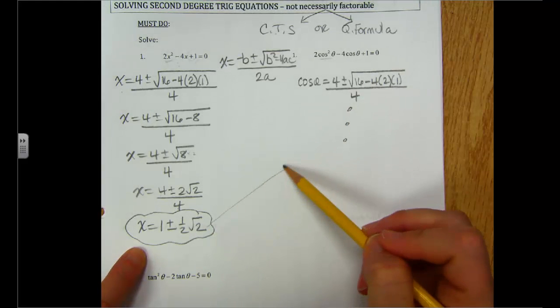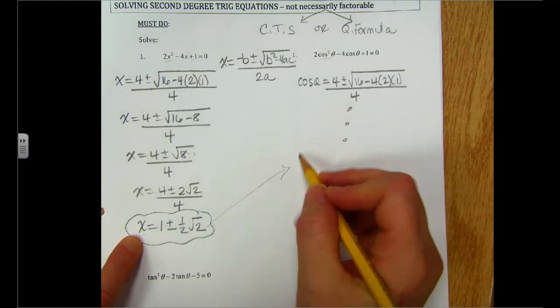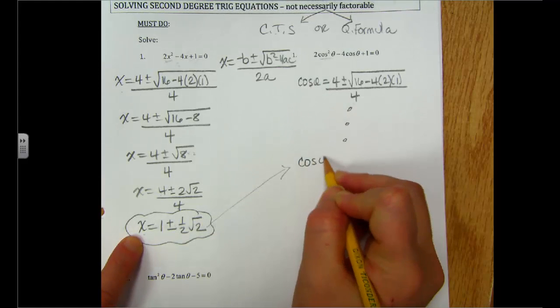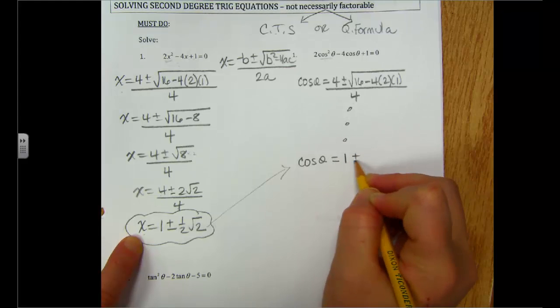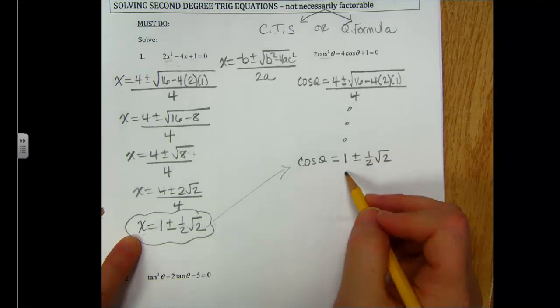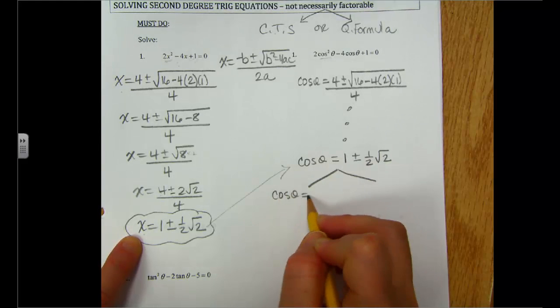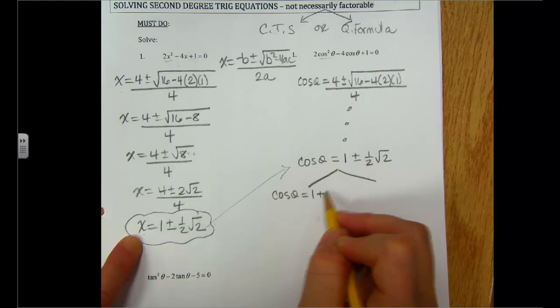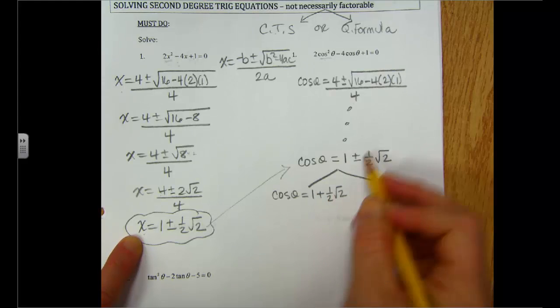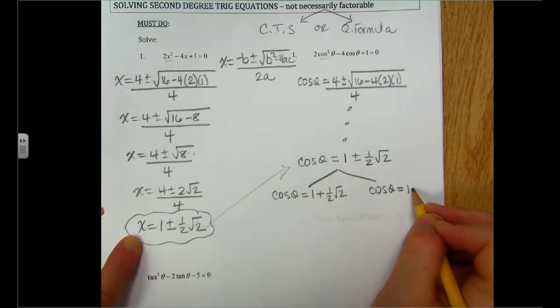So I'm just going to come straight here, and instead of x equals, I have cosine theta equals. So now I know that cosine theta equals 1 plus or minus 1/2 root 2. I'm going to break this up to help me. So cosine theta equals 1 plus 1/2 root 2, and cosine theta equals 1 minus 1/2 root 2.